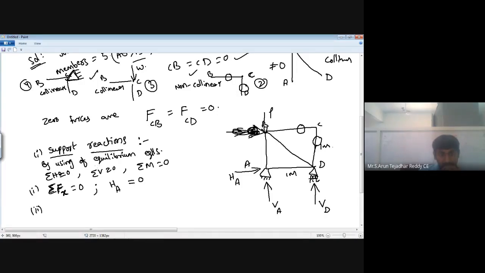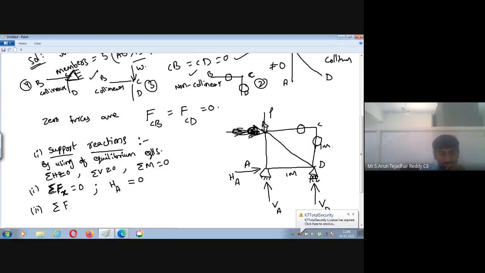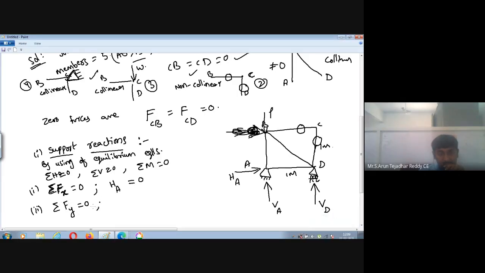Next, sum of vertical forces is equal to 0. Here we are calculating force, so indicated as F, and vertical means y direction. Sigma Fy is equal to 0. Observe in this diagram how many vertical forces are acting here.